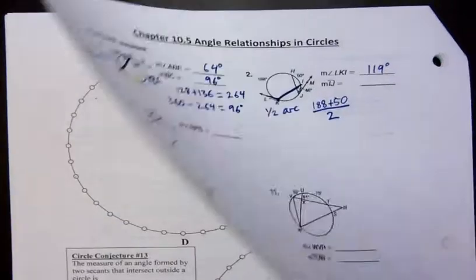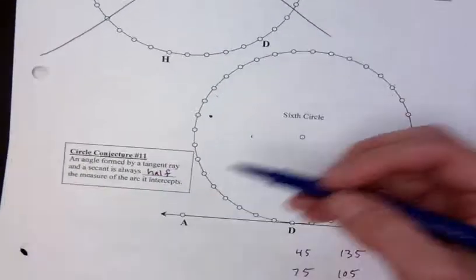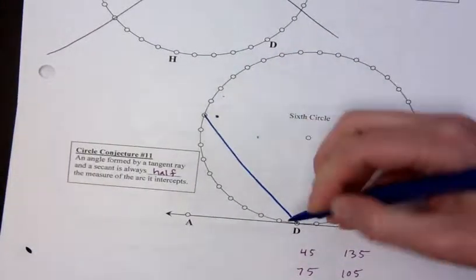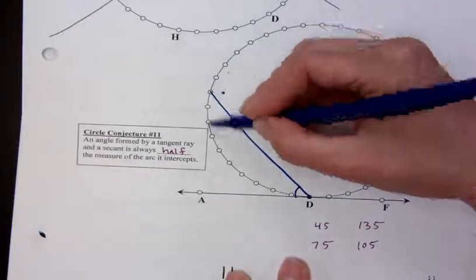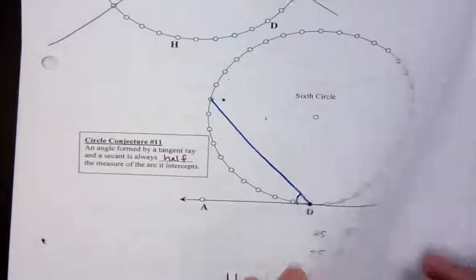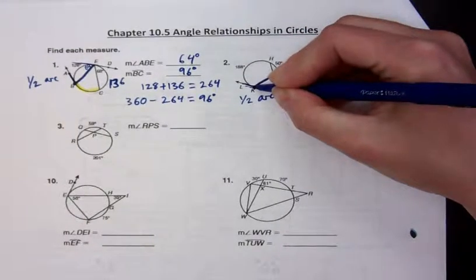So that goes back to this one that you did. The rule is wherever that line is, if the vertex is on the circle, this angle here is half of the arc. It doesn't matter where it is, it's always going to be half the arc. And so I just have to say the arc where it actually touches.